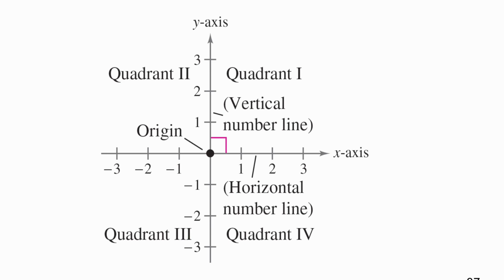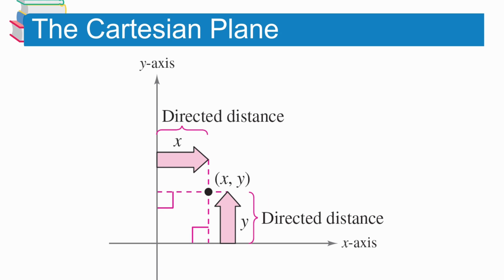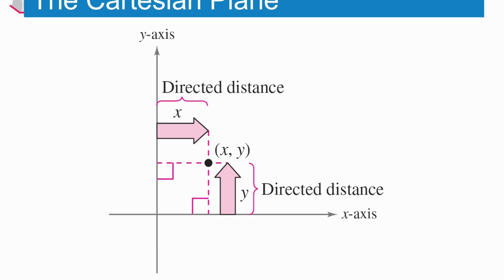So when we have a point x, y, we go x to the right, because right is positive, because as we increase on the number line, we move from left to right. We also write, like when we're making notes, from left to right.